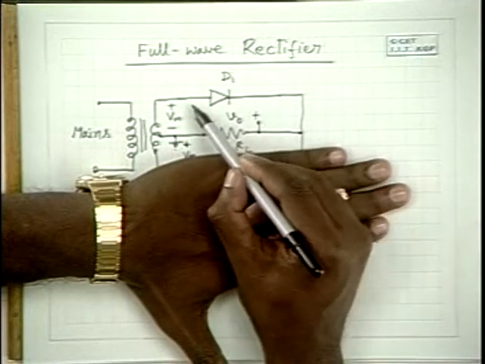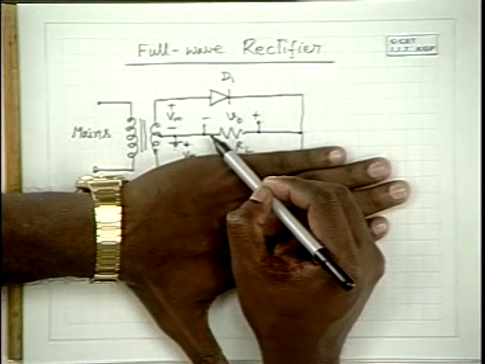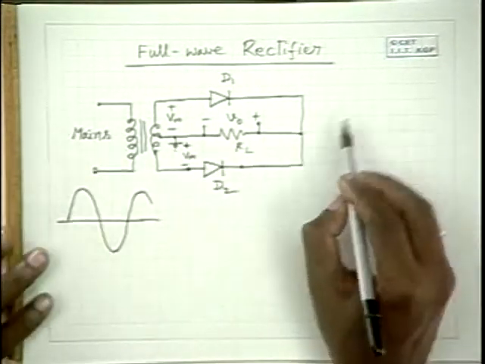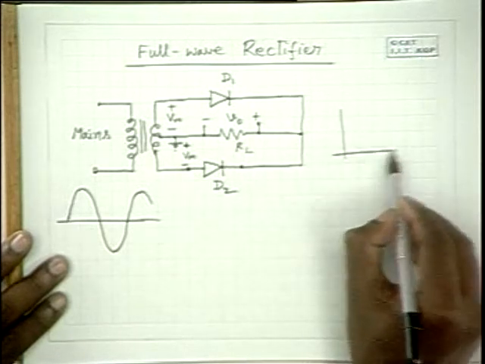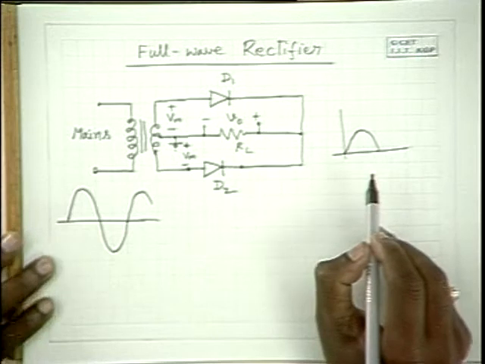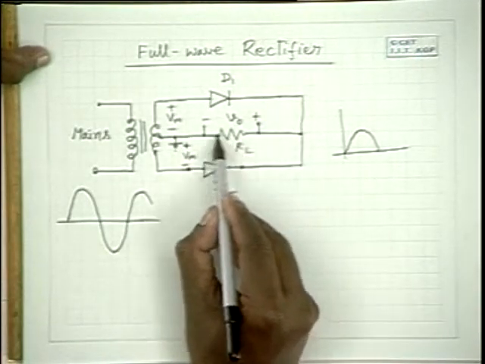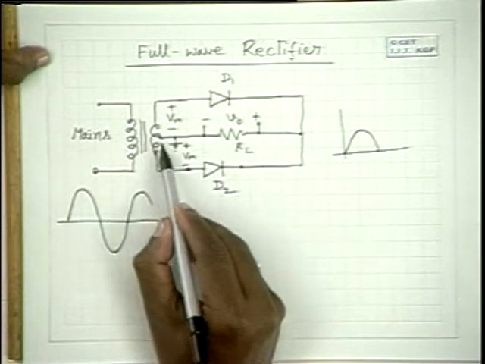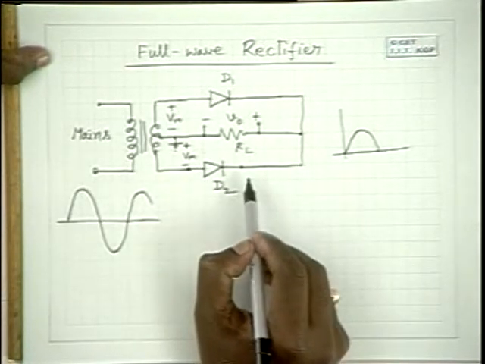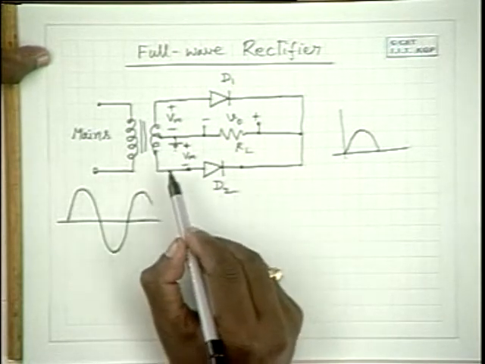It conducts and transfers the input voltage to the load. Hence, across the load you get this kind of voltage during the positive half cycle, and the circuit gets completed like this. Whereas this side is like an open circuit. Almost no current flows through this side.